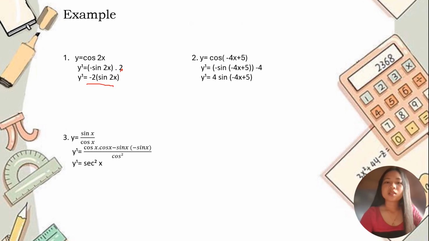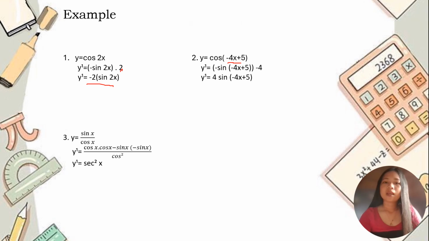Next is number 2. We have the given y is equal to cosine of the quantity negative 4x plus 5. We all know that the derivative of cosine is negative sine. So y prime is equal to negative sine times the quantity, copy it. Then the derivative of this is negative 4.